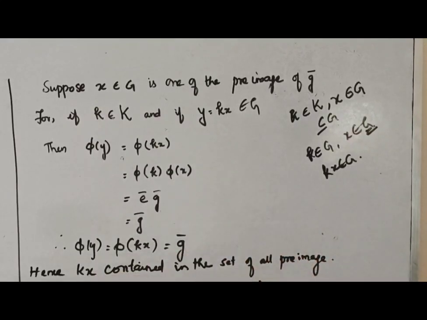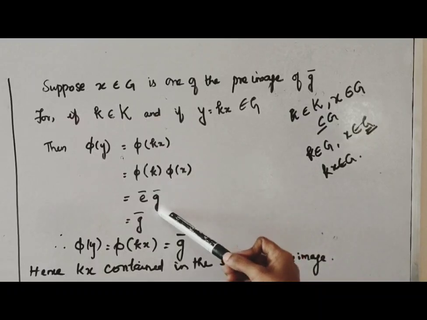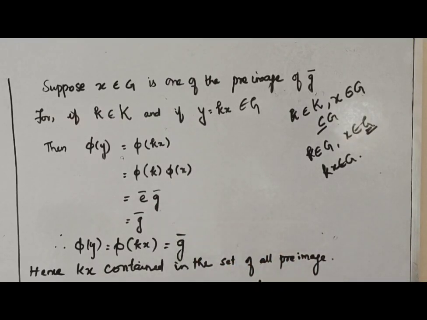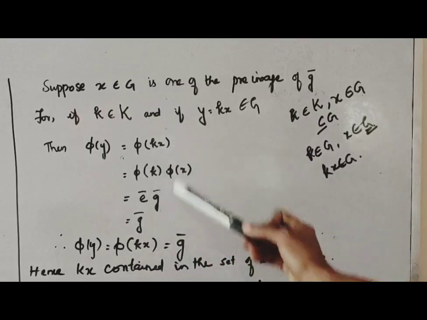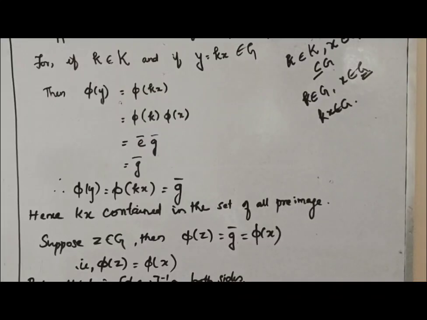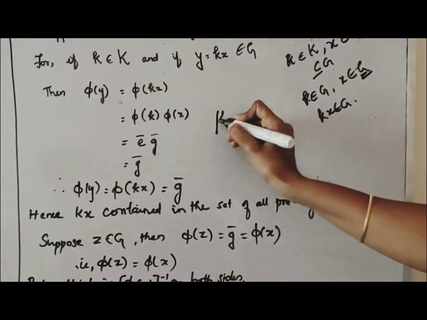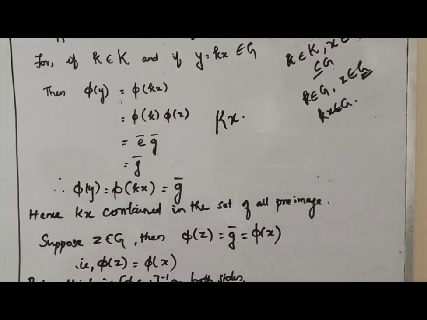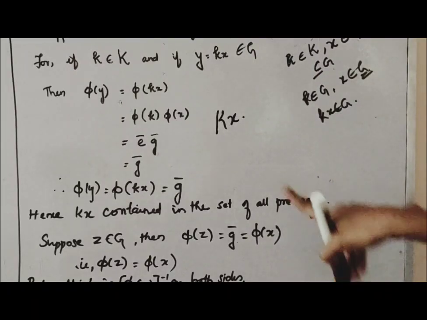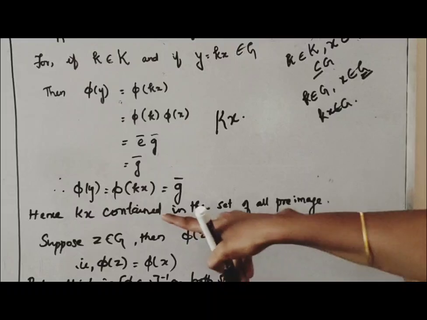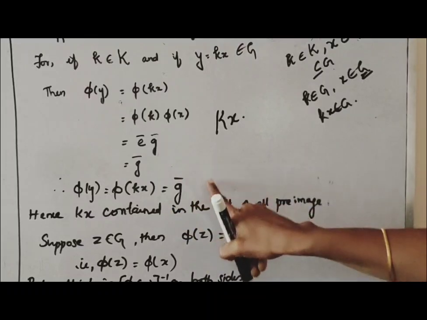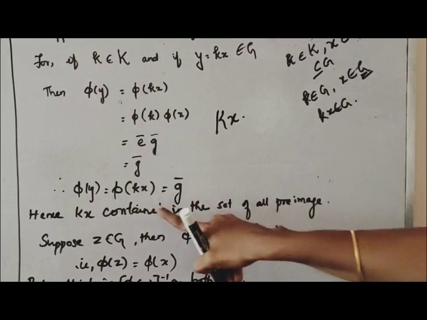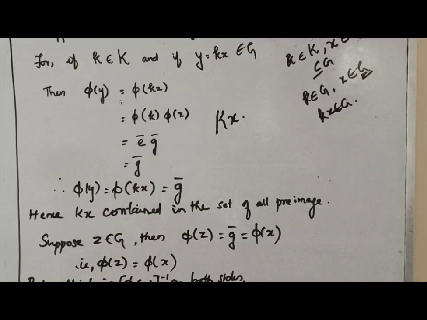Already we defined that phi of x is equal to G bar. Identity element into G bar is G bar. Therefore, phi of y is equal to phi of kx is equal to G bar. Therefore, this is the right coset. Okay. Hence, Kx is contained in the set of all pre-images of G bar.